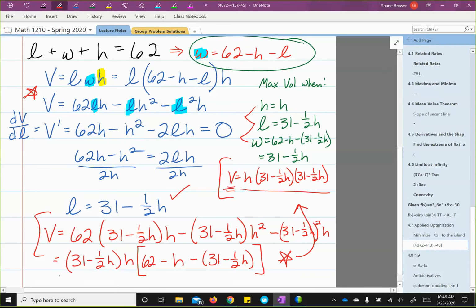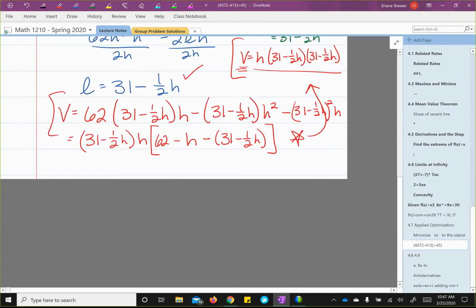So what about the second half of that, where it asks us to solve for h? Oh, we want the max height of h. What height? Okay, so that's kind of an interesting question.